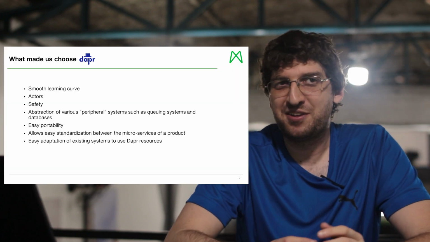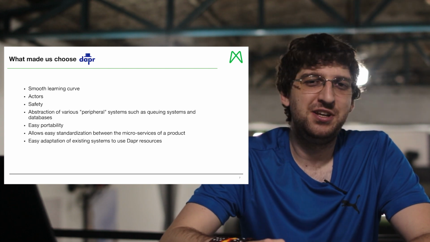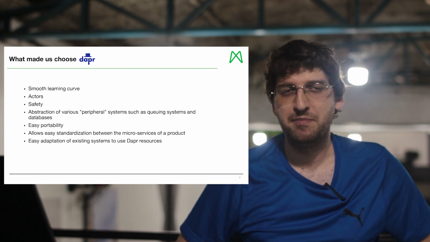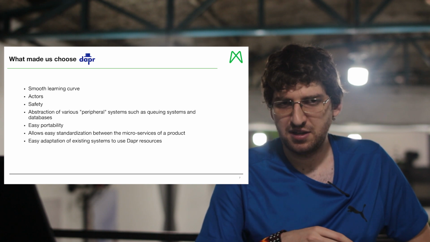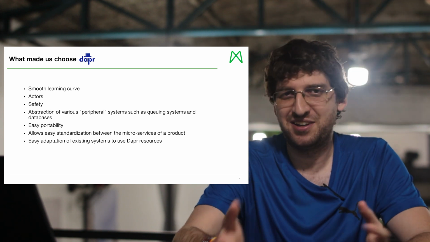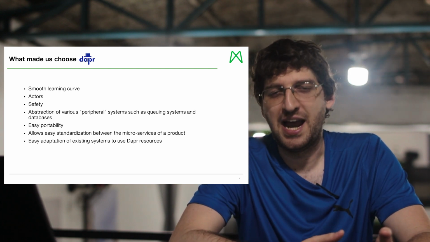We had a quite long process to choose Dapr. First of all, why do we need Dapr? When we saw Dapr for the first time, we took some months learning, discovering, testing, and comparing with other actor systems.